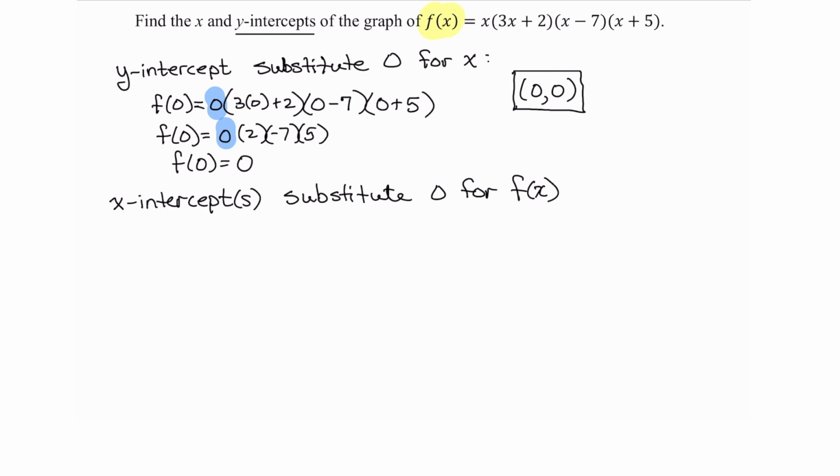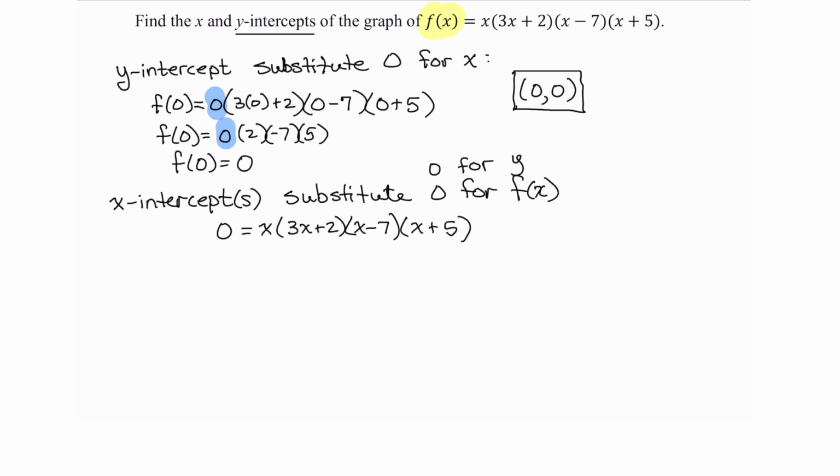And remember, that is representing the same thing as if we would say we put 0 in for y, because f of x is just another name for y. Okay, so that's on the left-hand side. So I have 0 is equal to x times 3x plus 2 times x minus 7 times x plus 5.